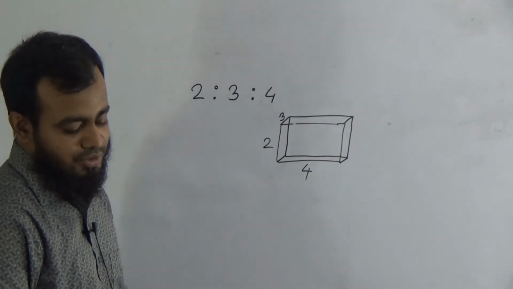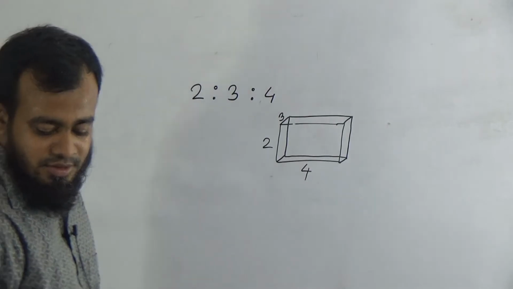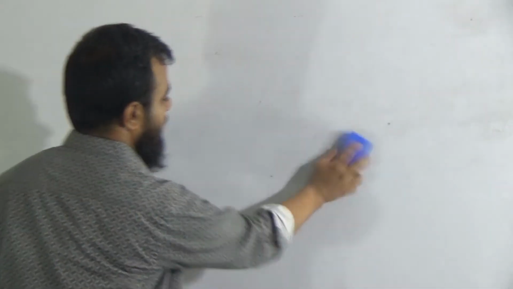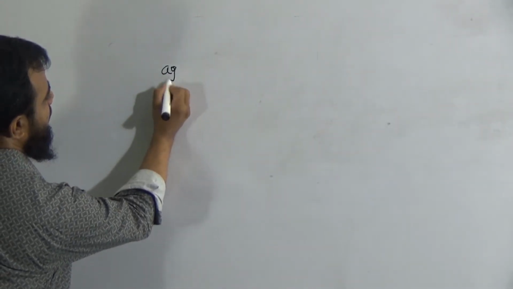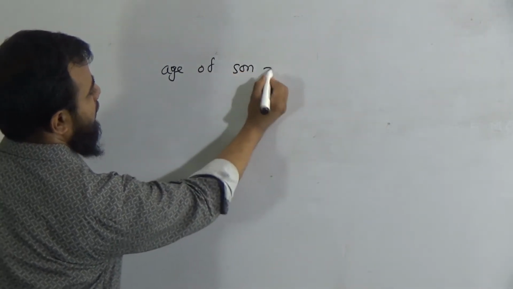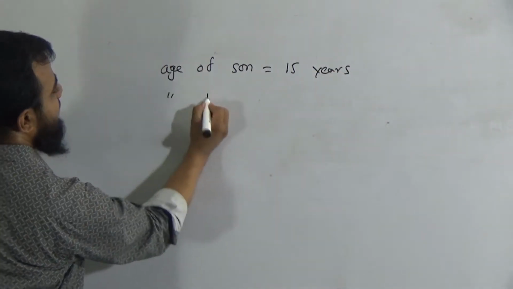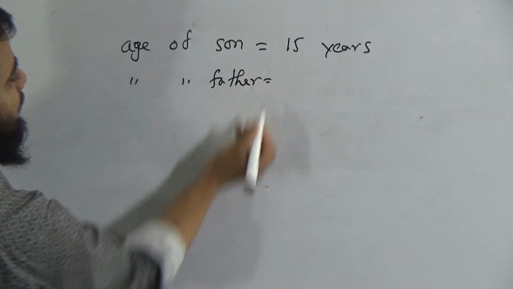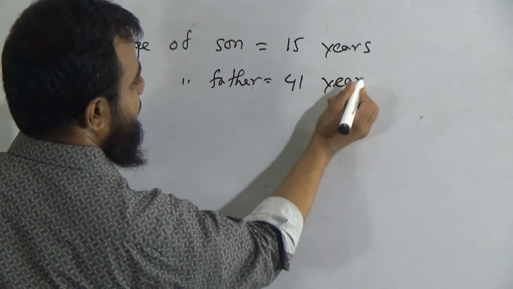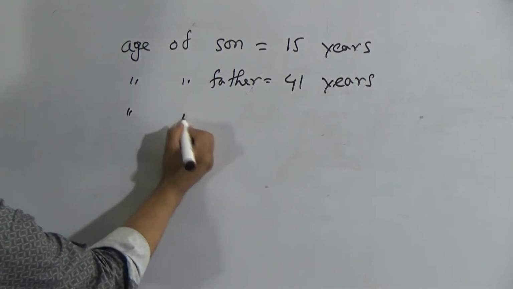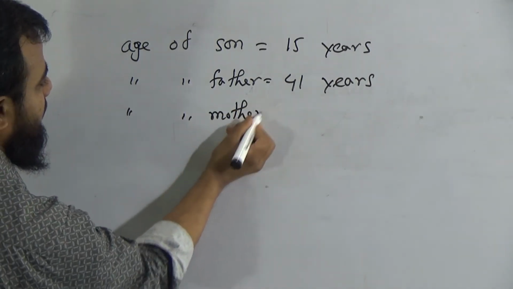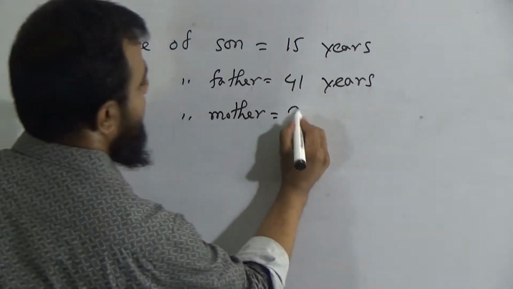Now the successive ratio. You can find the definition in your book. Now we are discussing the successive ratio. What is a successive ratio? Suppose the age of the son is 15 years, the age of the father is 41 years, and the age of the mother is 37 years.